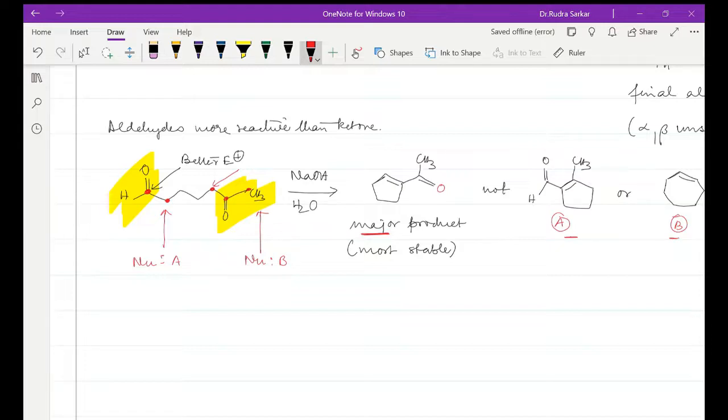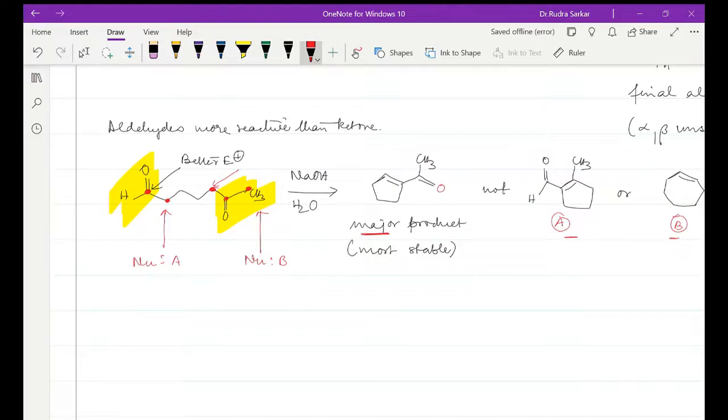Now, as we have discussed, the aldehyde is more reactive. So over here, the reaction can happen either from this carbon or that carbon after loss of proton.